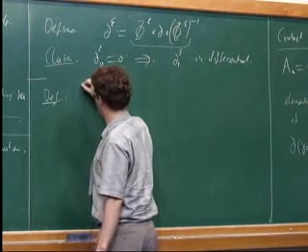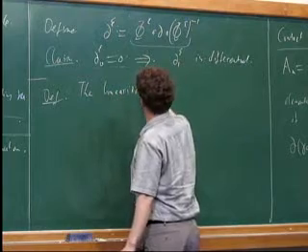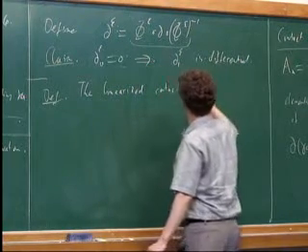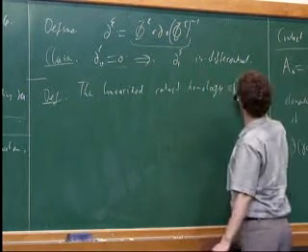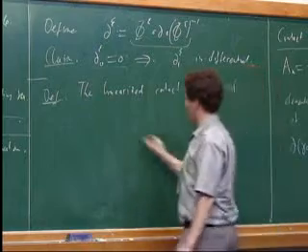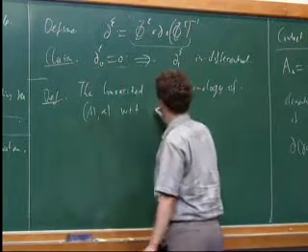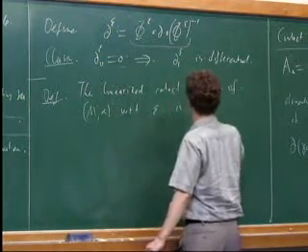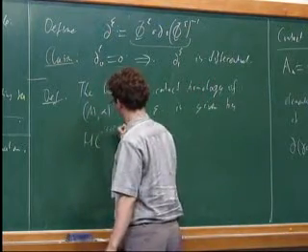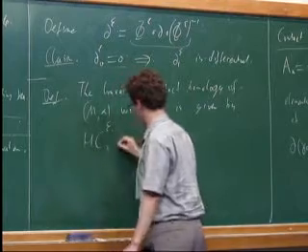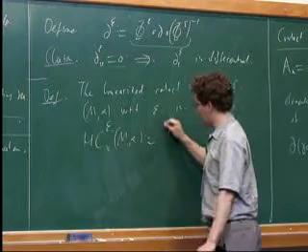Define the linearized contact homology of M alpha with respect to the augmentation epsilon as follows. This is just notation, and I cheat a little bit in my notation.